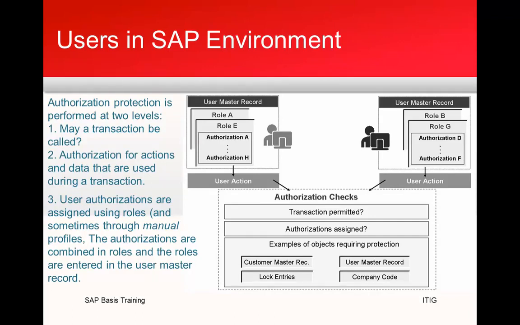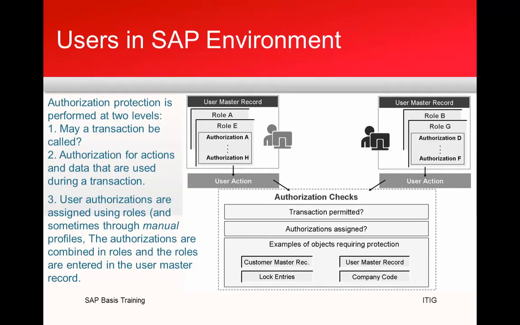In the next slide, what you are seeing is about the users in the SAP environment, that is, how the authorization checks happen. Basically authorization protection is performed here on two levels. One is the transaction, that is, whether you can call the transaction or not. That is the first check.